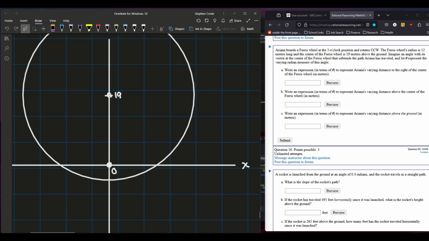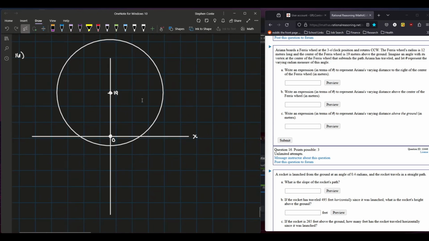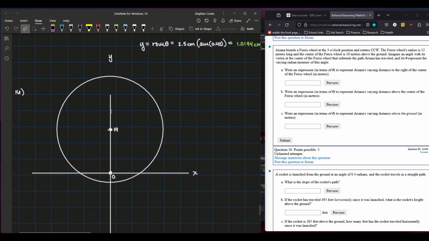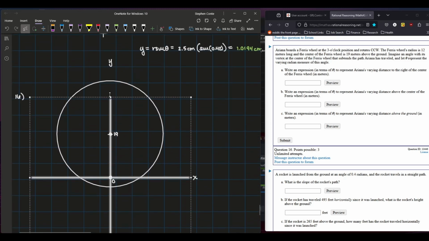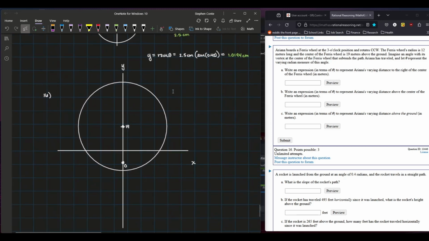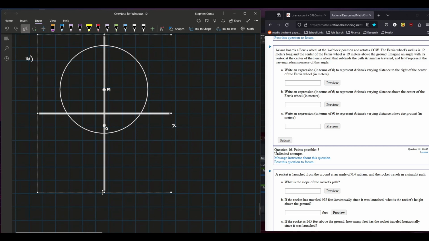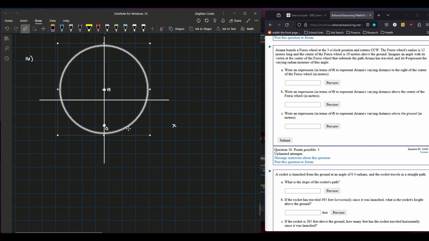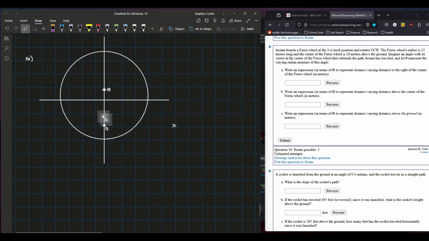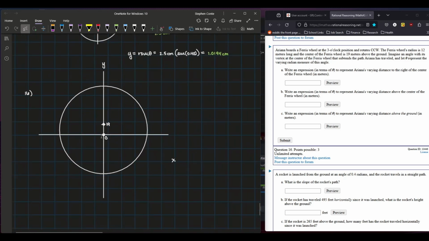So I have a circle centered at y equal to 19 and x equal to 0. I'll just drag these down like this. Okay, that's fine.